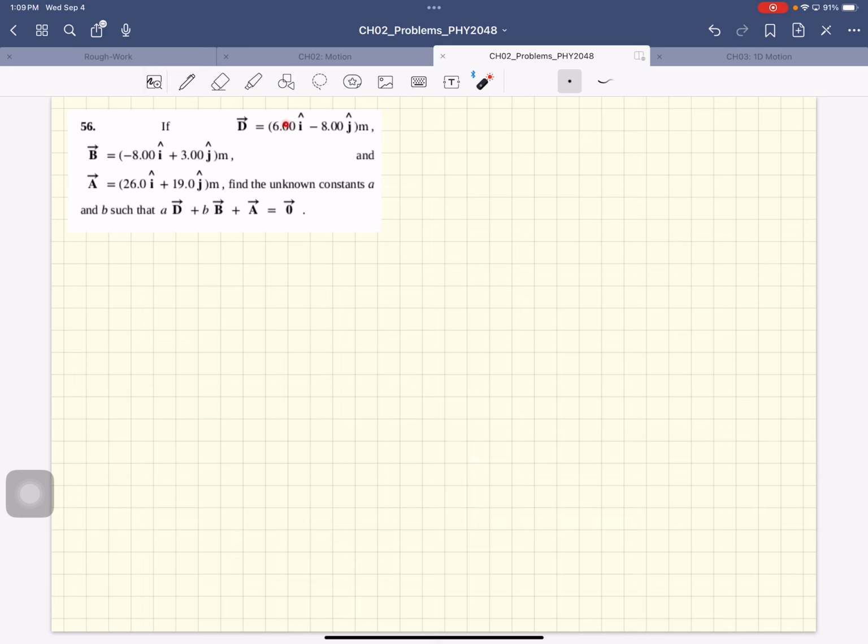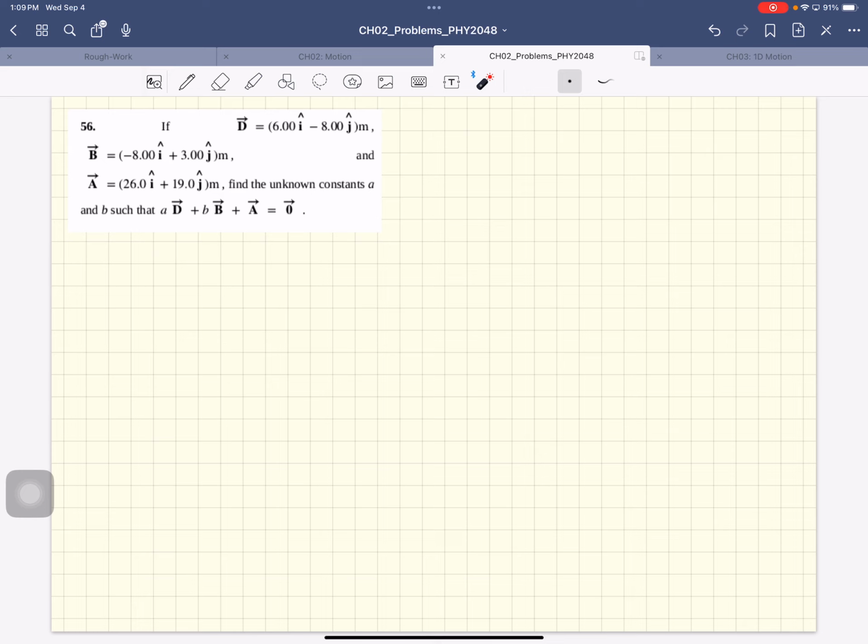They give you D and B and A, so three vectors, and they're asking you to find the unknown constants a and b such that a times D plus b times B plus A equals 0. So they're asking you to find two unknowns, a and b.